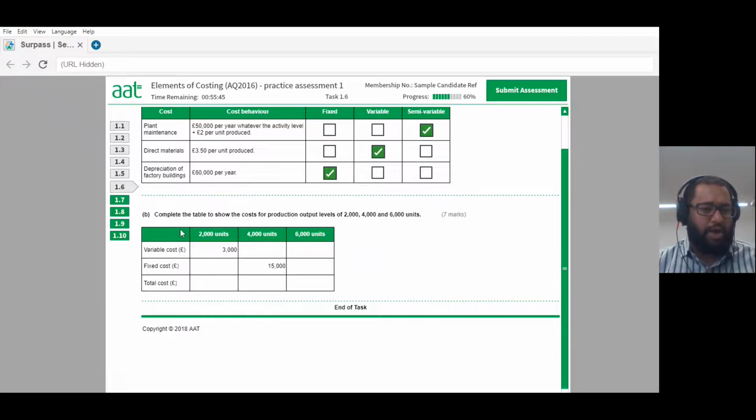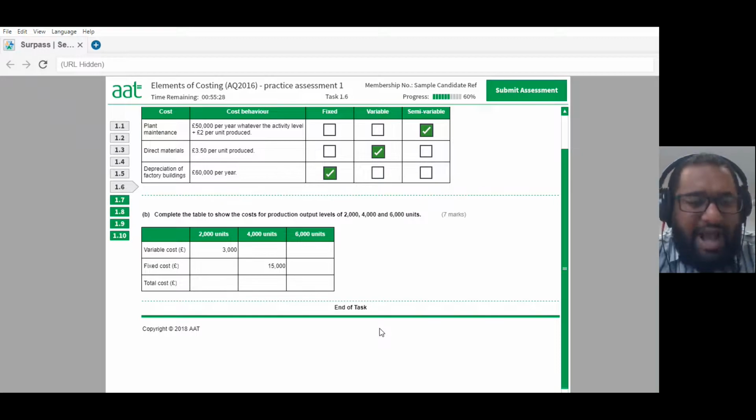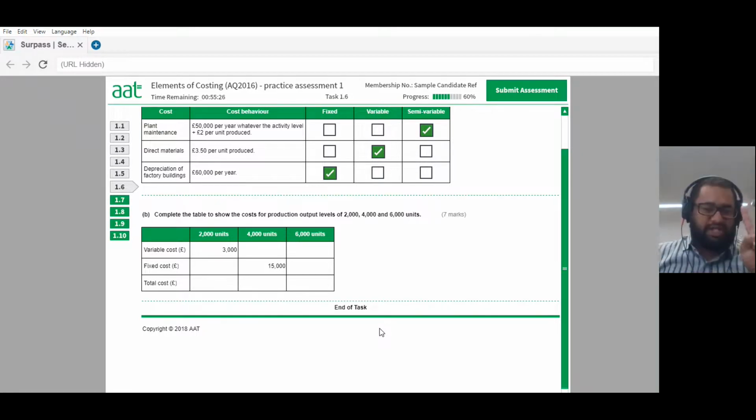So now they are asking you to complete the table to show the cost for production output levels of 2,000, 4,000, and 6,000. This one, you haven't seen before. But by looking at this, you will say, I know both the constants I need to use to calculate. Why?